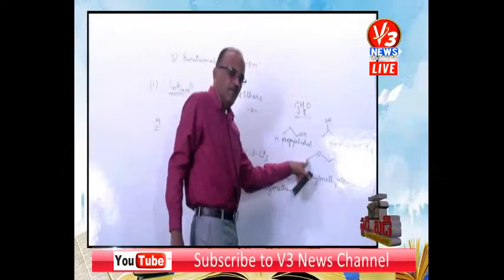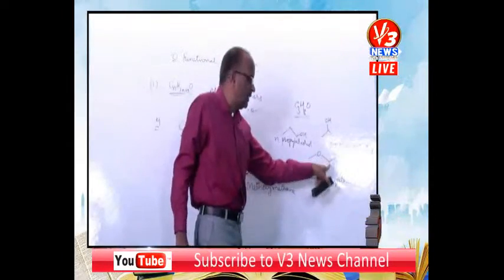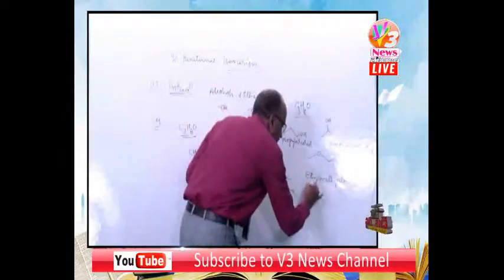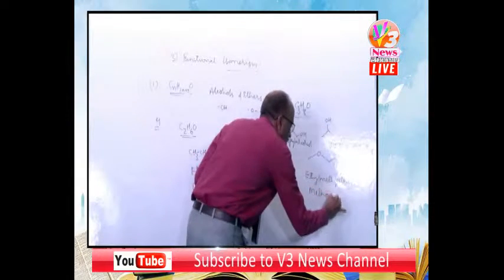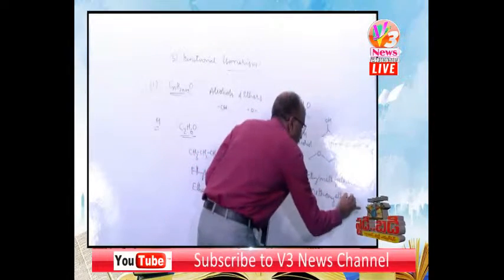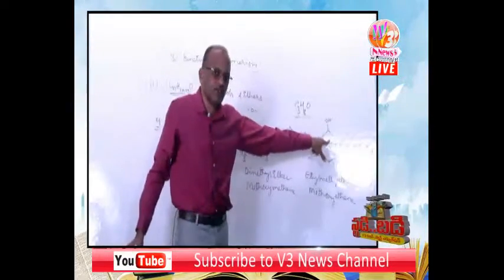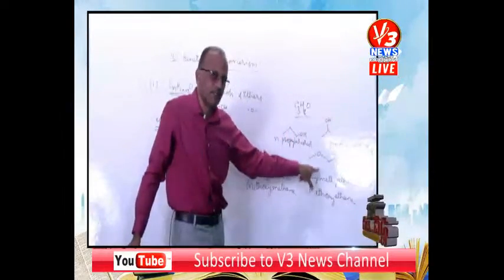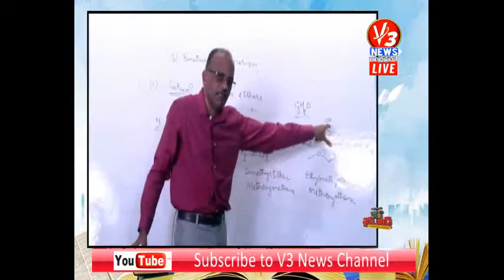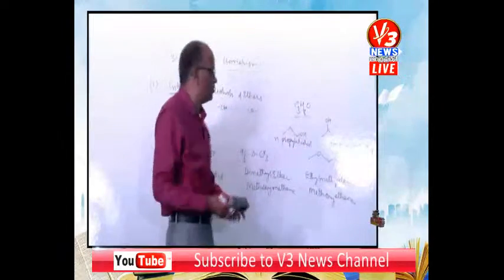So here methyl plus oxy, methoxy, remaining 2 carbons. So what is the IUPAC name of this one? Methoxyethane. Now these two are positional isomers, these two are functional isomers. Similarly, these two are functional isomers.